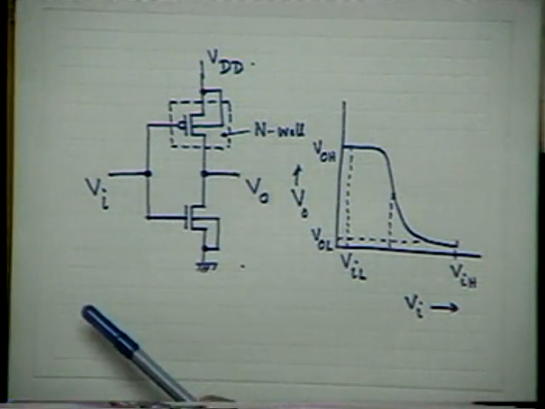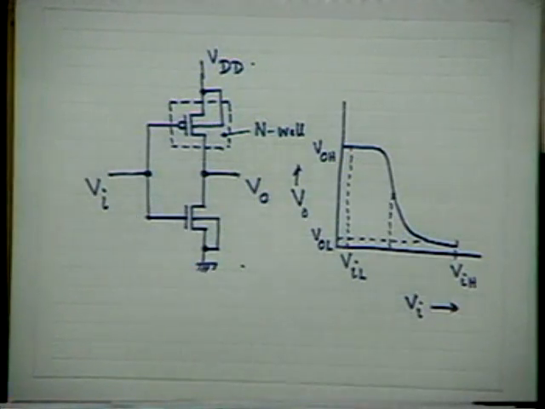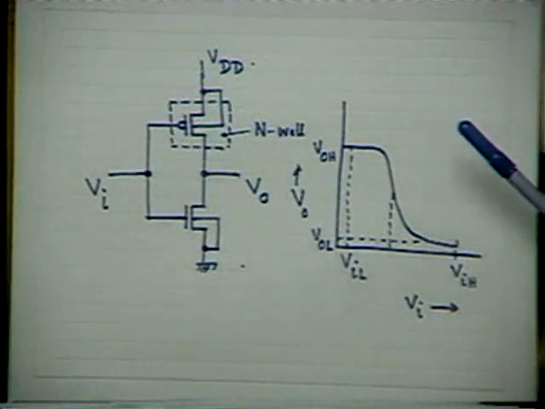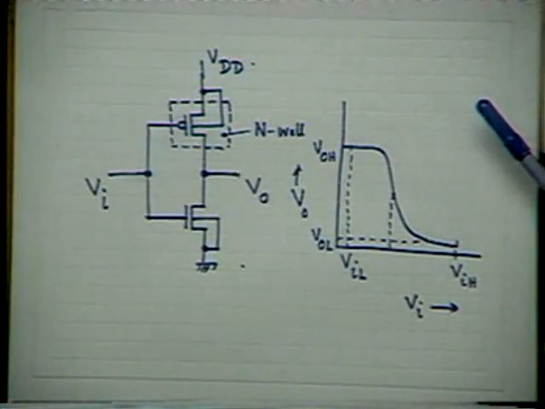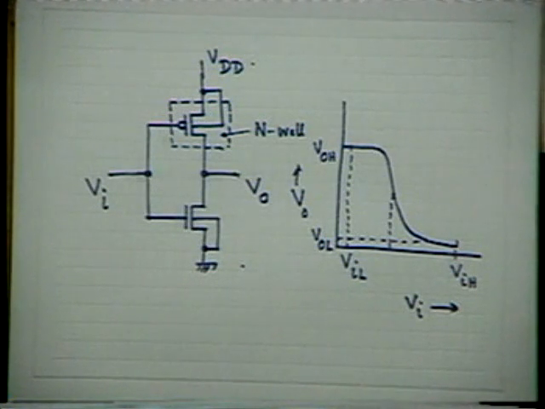When Vi changes from the 0 state to the 1 state, low to high, for a short time both the transistors remain on, passing through the active region. As a result, there will be power dissipation in both the transistors for a short while. And therefore, it is found that the power dissipation in a CMOS is proportional to the clock frequency.